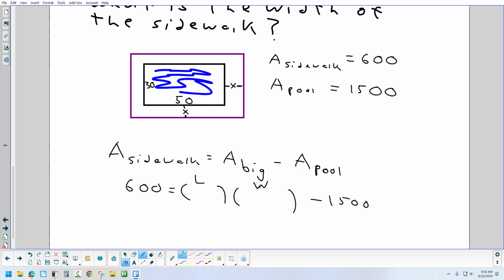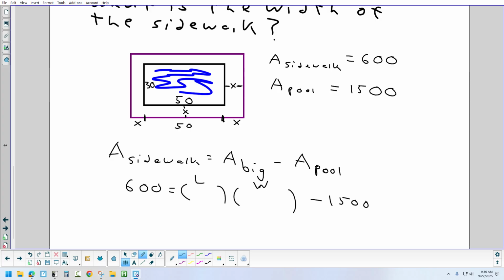First thing I need is the length of the big rectangle. Well, we know from here to here on the big rectangle is 50, right? Because that part lines up with the pool. And how big is this section over on the left? X. And this section on the right? X. What's x plus x? 2x.